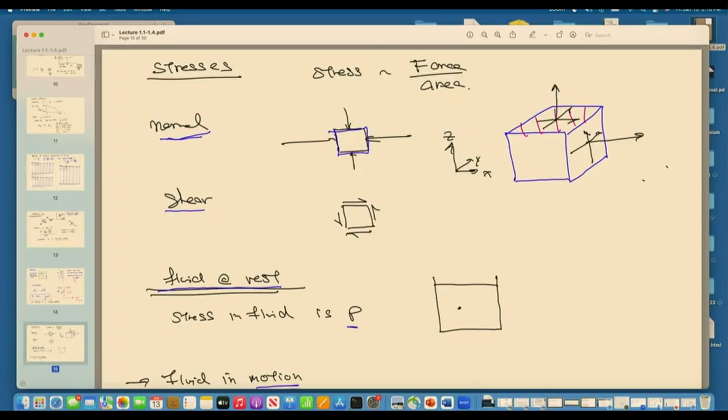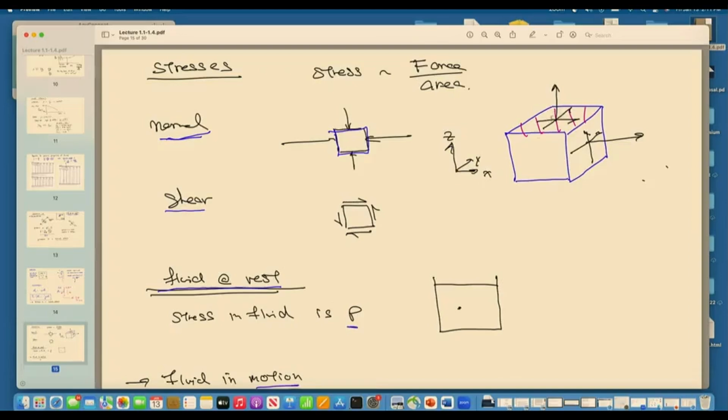If we look at stresses, stresses are associated with forces acting over areas. So if we look at any one area of this fluid element, then there's, in general, going to be normal forces. If they're due to pressure, they would be acting towards the surface. But also there are the tangential stresses, which would produce shear forces across that area.